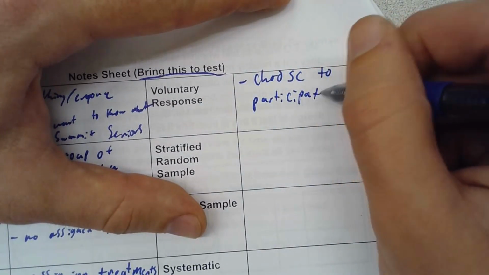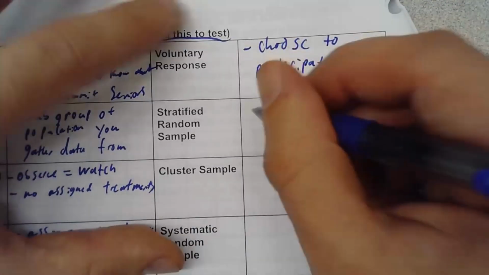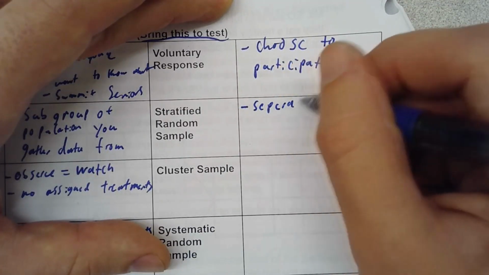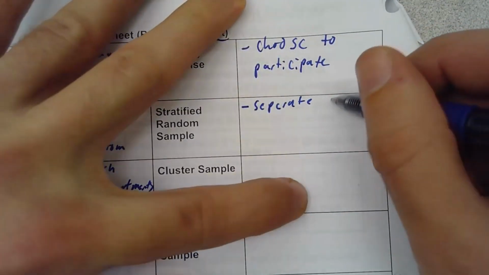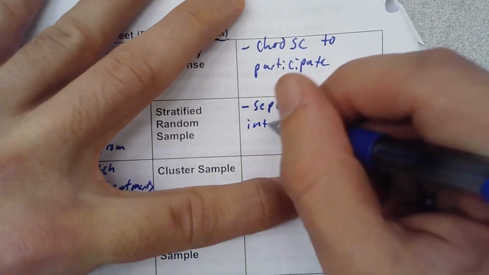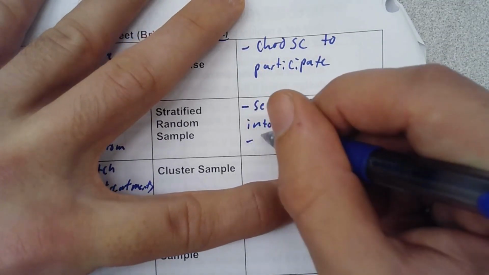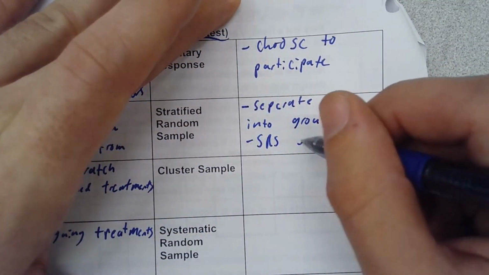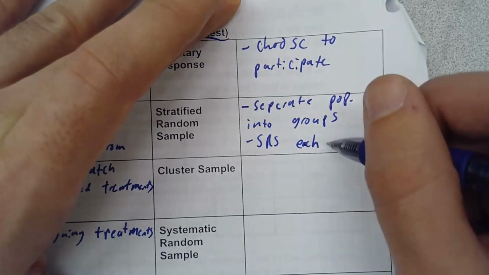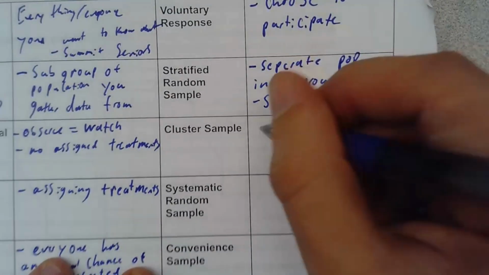Stratified means to separate that's population into groups, and then use simple random sample on each one. Okay.